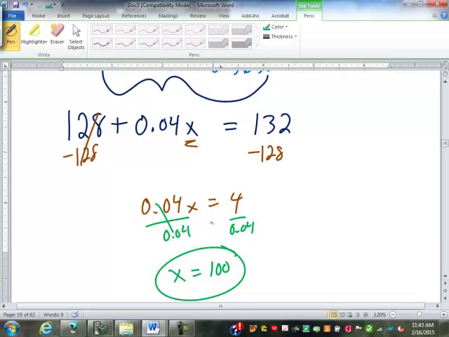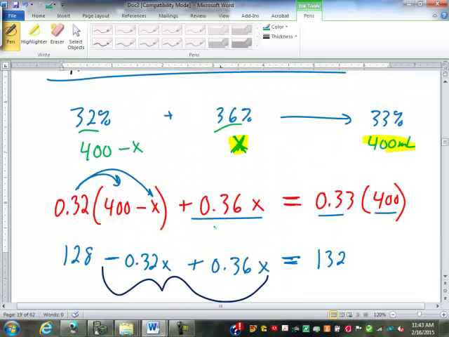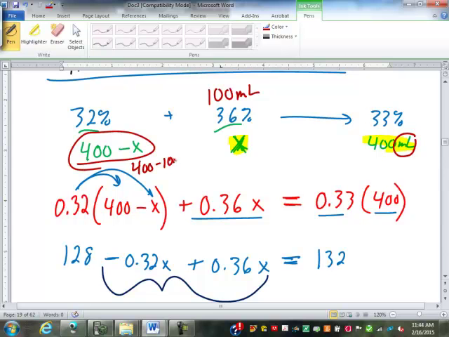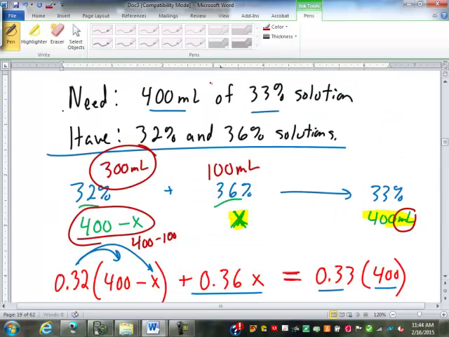So now going back, first thing we need to find is what does x represent? X represents the amount of the 36%. That's 100. To find the units, we look right here. This was in milliliters. This better be in milliliters. So now this one was 400 minus x. 400 minus 100 is 300 milliliters. So there we go.